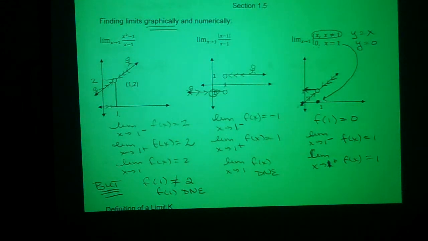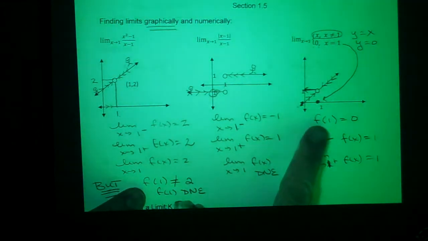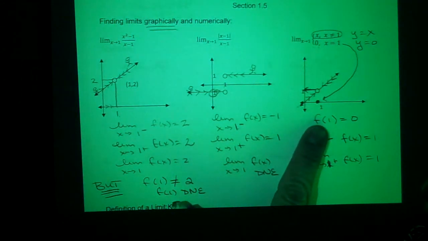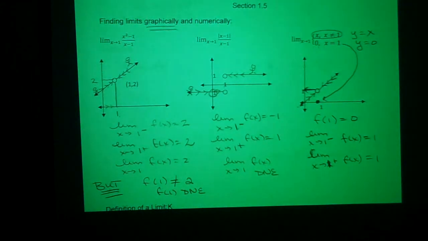So in the first example, there isn't a function value when you plug 1 in. The second example, there is a function value when you plug 1 in, but it doesn't match the limiting value. And we're going to get more into that with section 1.6.